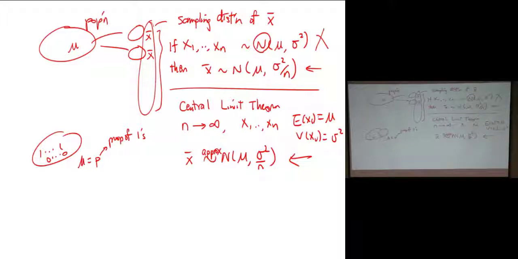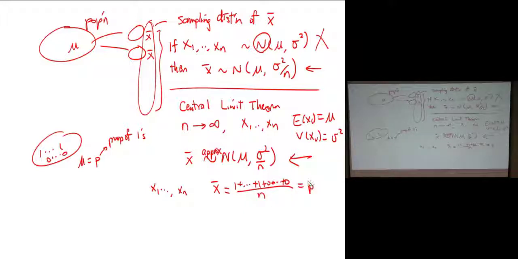If you take a sample x1 up to xn, you basically see only 0s and 1s in the sample. Then you calculate the x bar, which is basically the number of ones plus zeros, divided by the sample size.